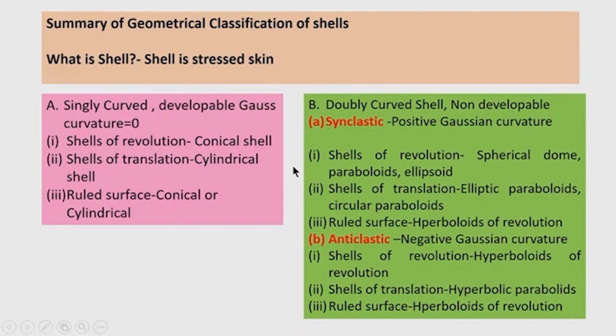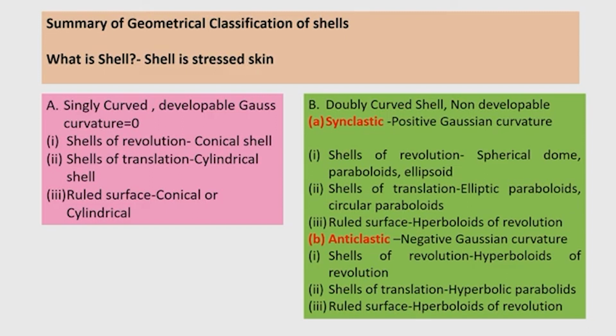Let us summarize the classification of the shell. Now, in this class, shell is classified based on the curvature. So, I have given the geometrical classification, and I have defined the shell as a stressed skin. Broadly, there are 2 classes, singly curved and doubly curved. In singly curved shell, the Gaussian curvature is 0.